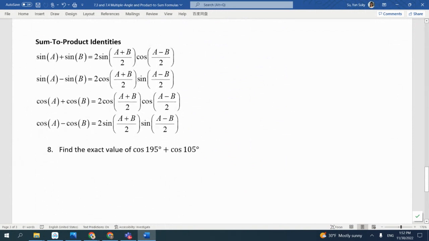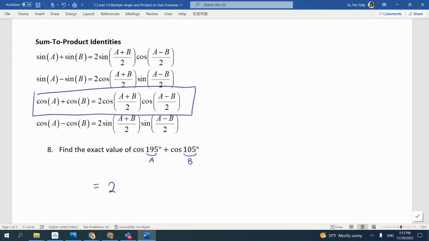And then the sum to product formula. Okay. Find the exact value of cosine 195 degrees plus cosine 105 degrees. So you look at which formula. See? Cosine plus cosine, right here. Yes, everybody? So cosine plus cosine, which is this one. A is 195, B is 105.